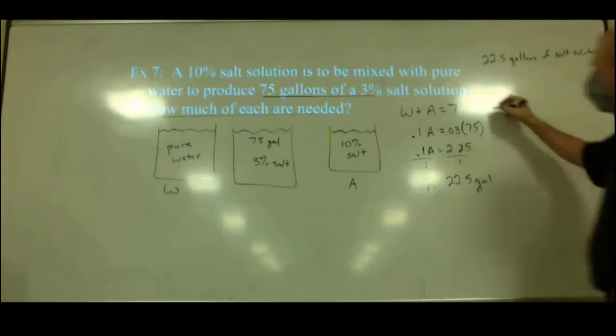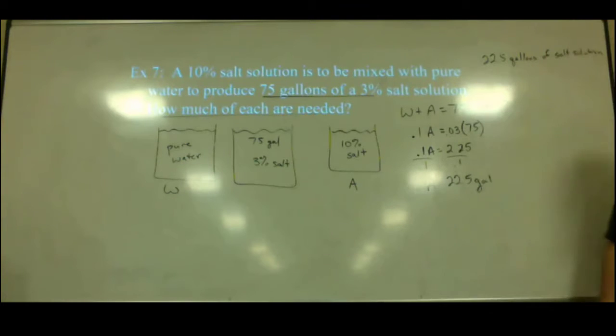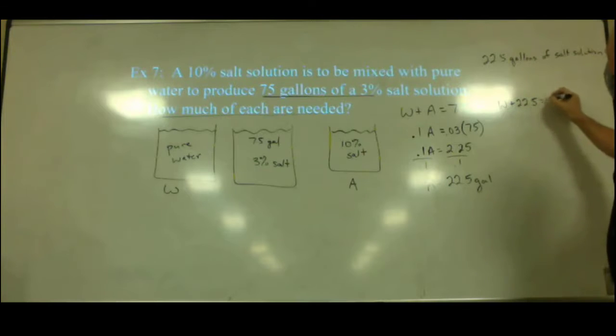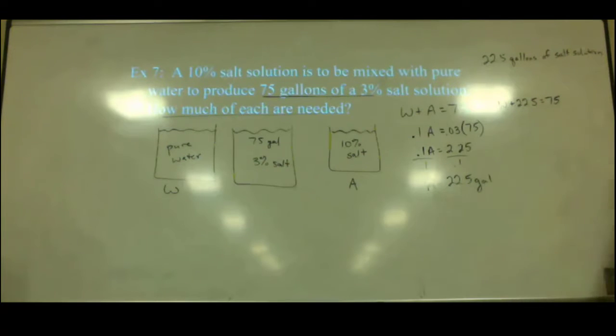Now we can go back up here. If A is 22.5, how are we going to figure out how much is water? Replace the A with the 22.5 and do what? This one wasn't quite as easy. We probably couldn't do this one in our heads, right? With like the 13 and the 14.